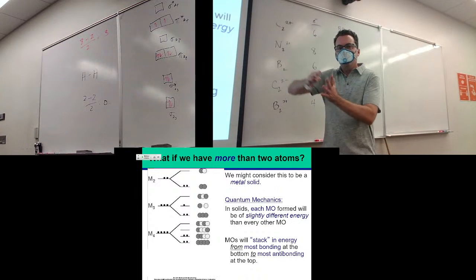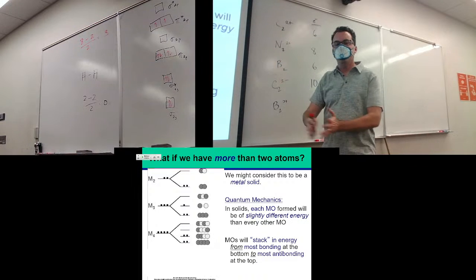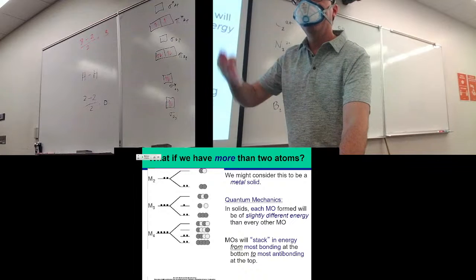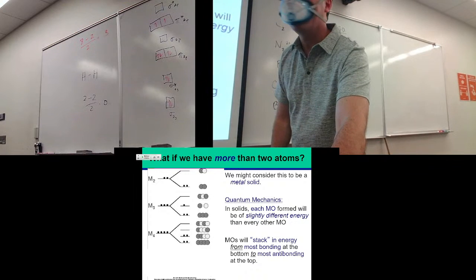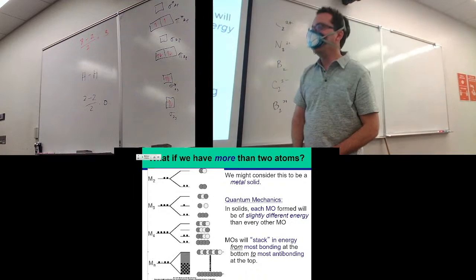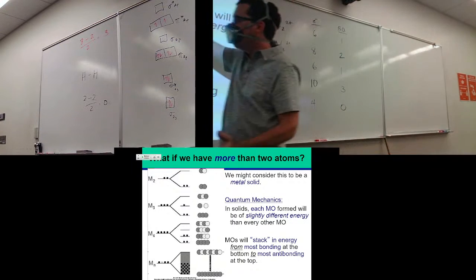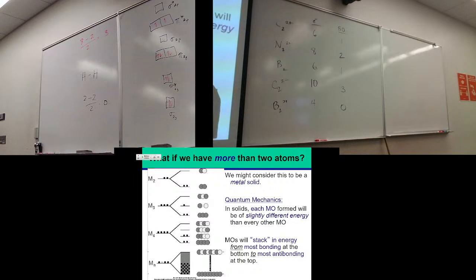So if I bring this pattern to an extreme, not five, not six, but let's say I've got millions of atoms, what would happen? Well, I would still have my extremes of where the lowest bonding MO is and where the highest antibonding MO is. But since I'd have millions of atoms, I'd have millions of atomic orbitals.